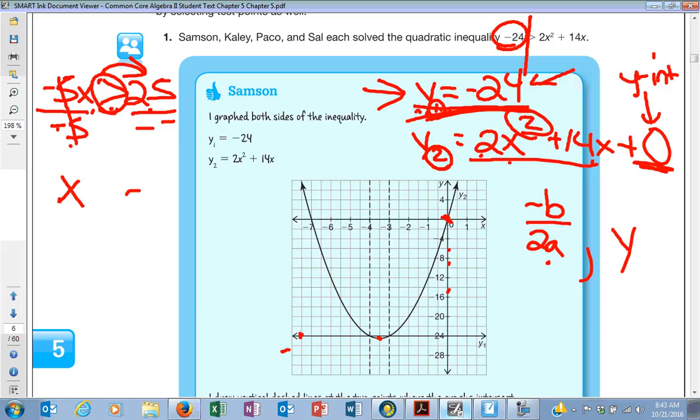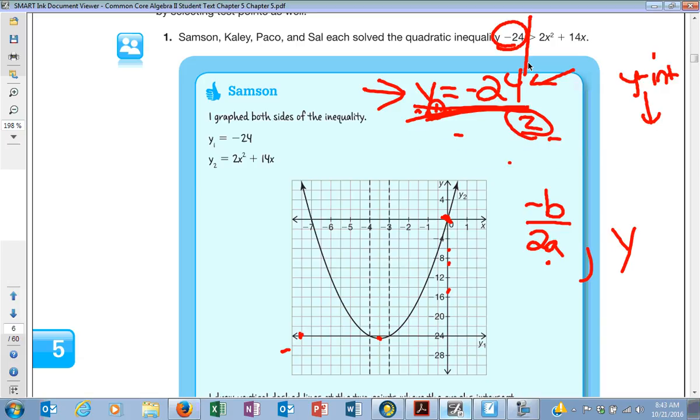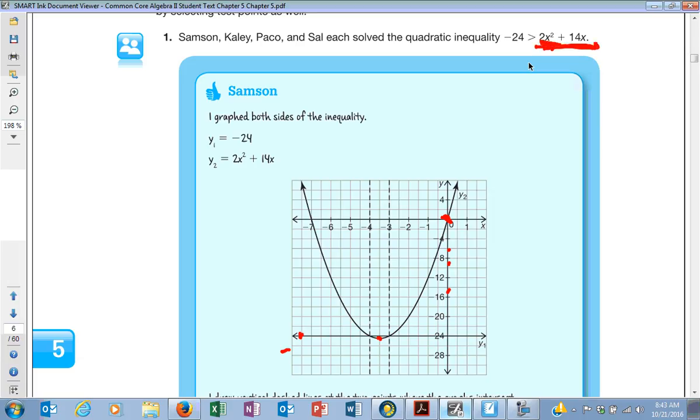Now, here's the new part. All that should be reviewed. Here's the new part. How did he know where the x's were? Because here's what this question is asking. I want to know what x's, when I plug x in and simplify this side, I want it to be less than negative 24. Are you with me? So I want to know on this graph where my y is less than negative 24.